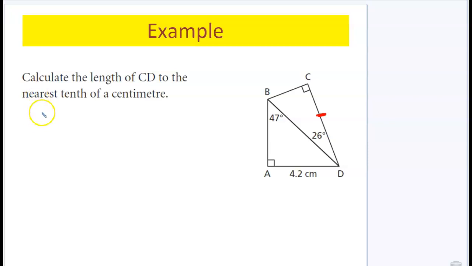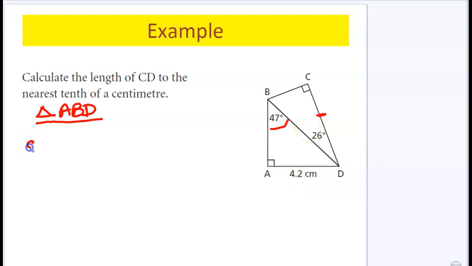So I'm going to accurately label. I'm using triangle ABD to begin with. And I want to find side BD, which is really little a if I'm looking at triangle ABD. So I know angle B, which is 47. I know the opposite side, and I'm looking for the hypotenuse.